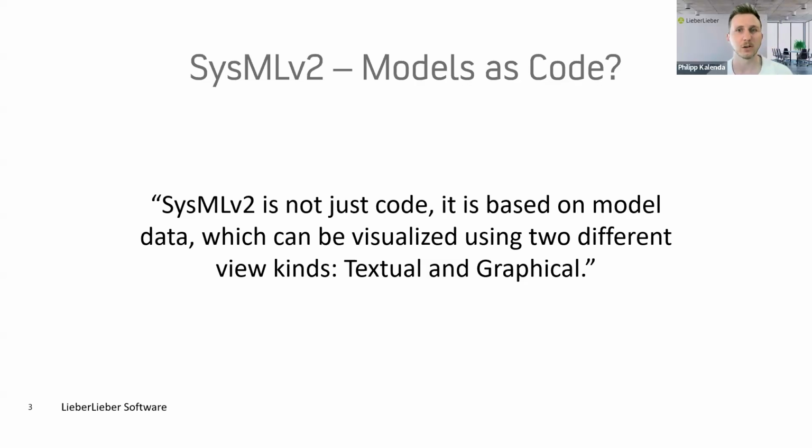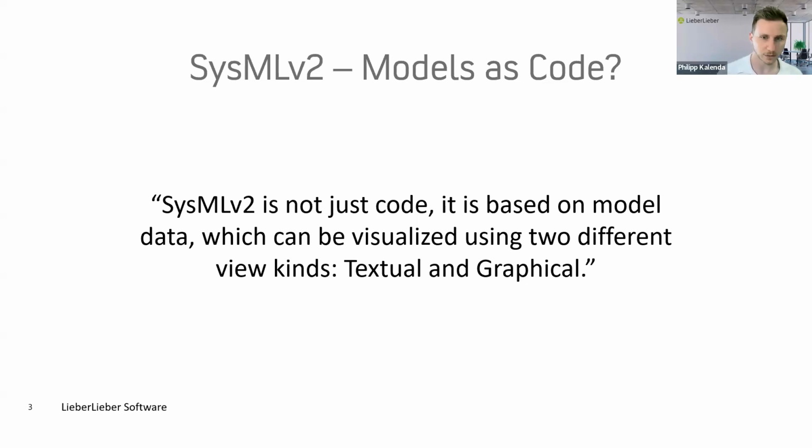So this is the new cool stuff that you have in systems engineering. You can basically code the model. And this sounds all very interesting, and it is, of course. It's a very cool addition to the systems engineering community. But it's only one side of the coin. The other side of the coin is that we still have a graphical representation of the model. So the classical diagrams that you know from version 1. And the nice thing is you can use whatever you want.